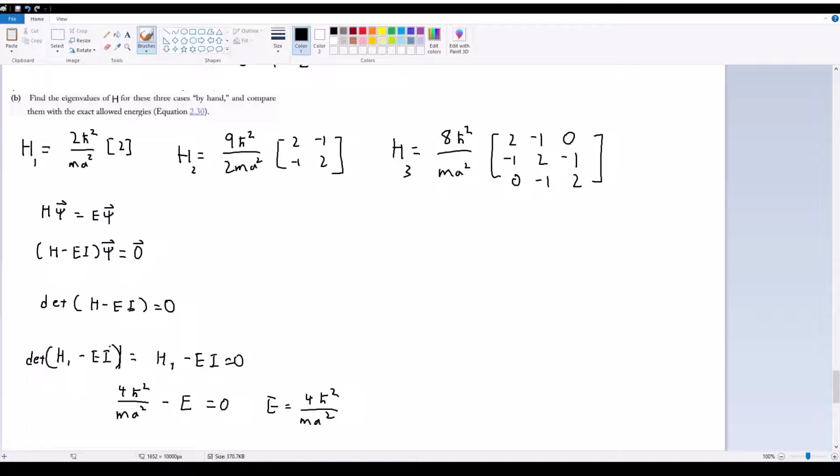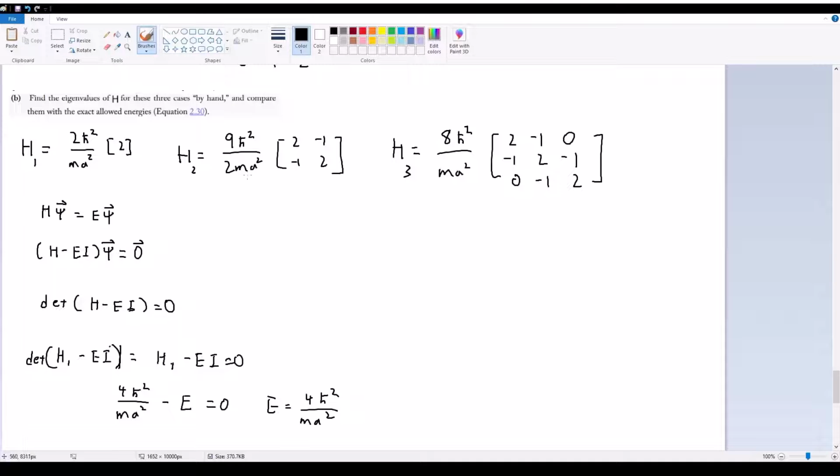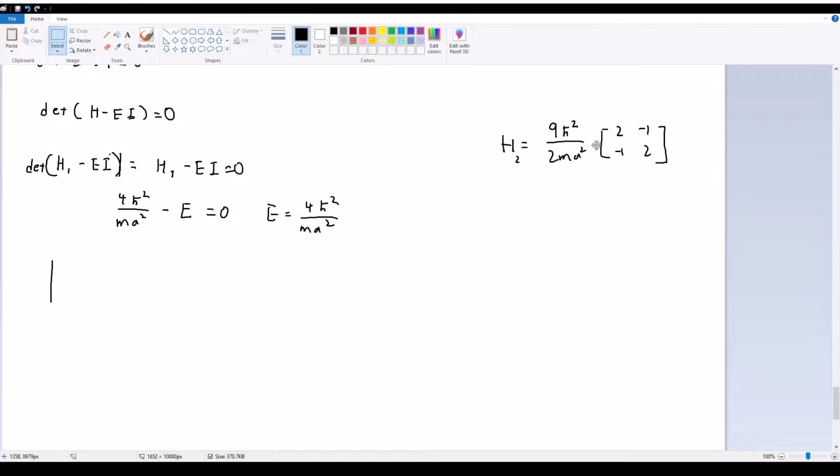Okay, next, let's do it for the slightly more complicated ones. For H2, I get the determinant of H2 minus EI. Let's copy and paste this down so that I can reference it.